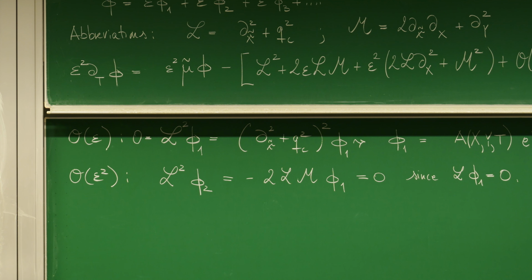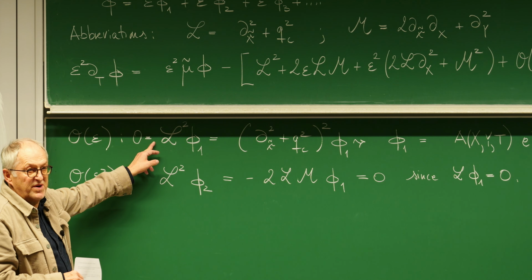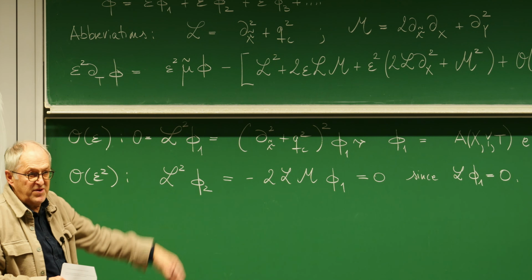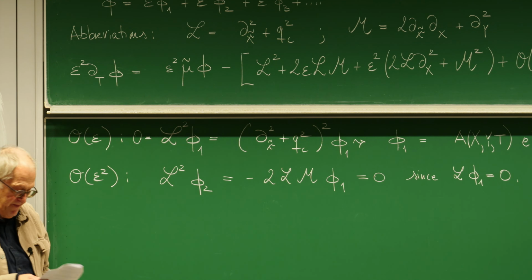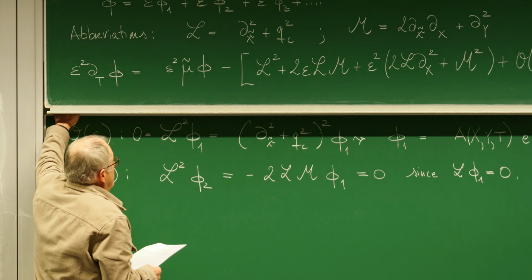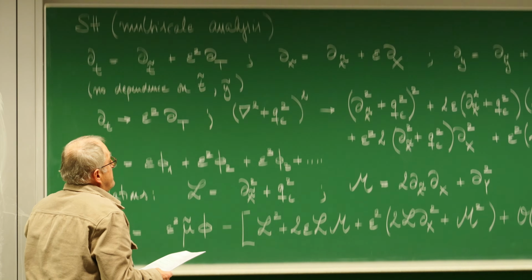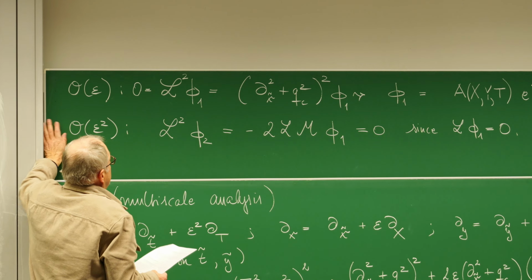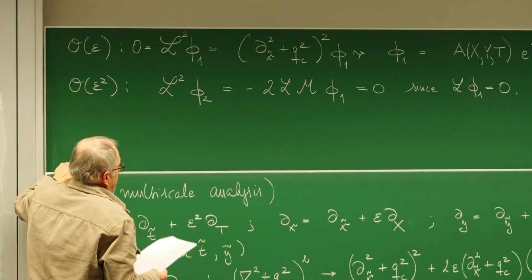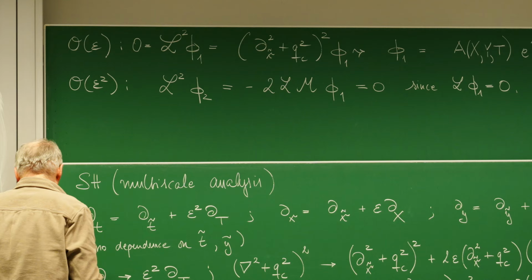So here we don't really gain much, actually nothing, because for phi 2 we have the same equation as for phi 1. So this has the same solution as this one. So it's nothing that we can add here. It's just the same thing. That means we have to go a little higher in our expansion to find the non-trivial terms.